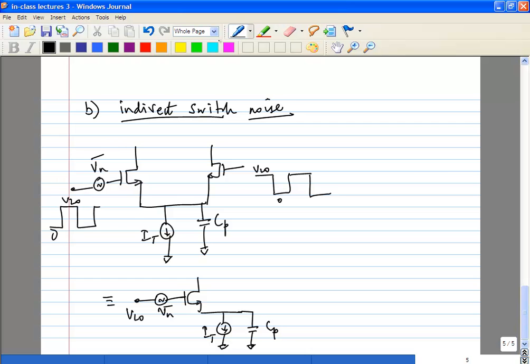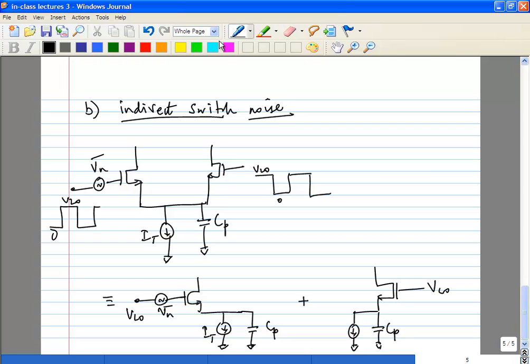During the second half cycle, you have the other side. You already replaced the input referred noise of both devices as Vn. This is the first half cycle, this is the second half cycle, and the two things are totally independent.